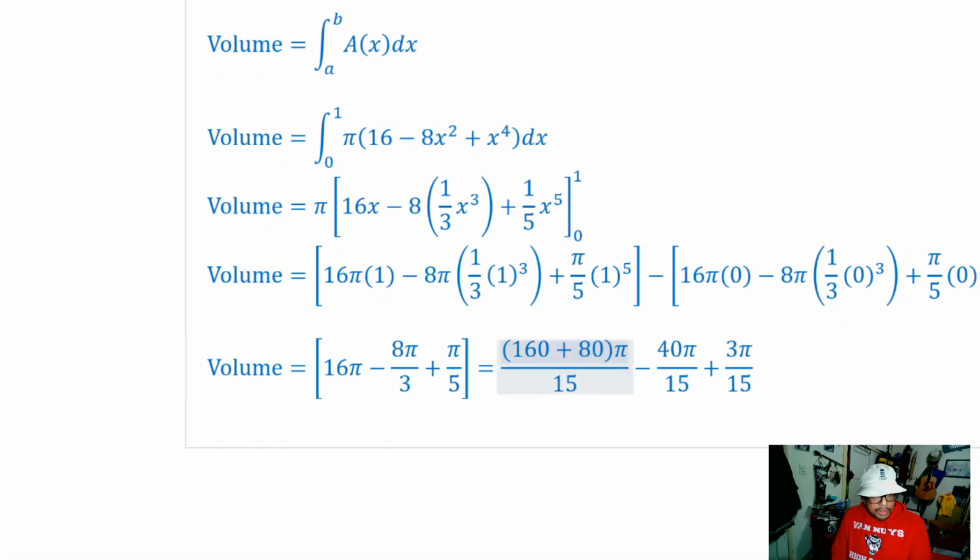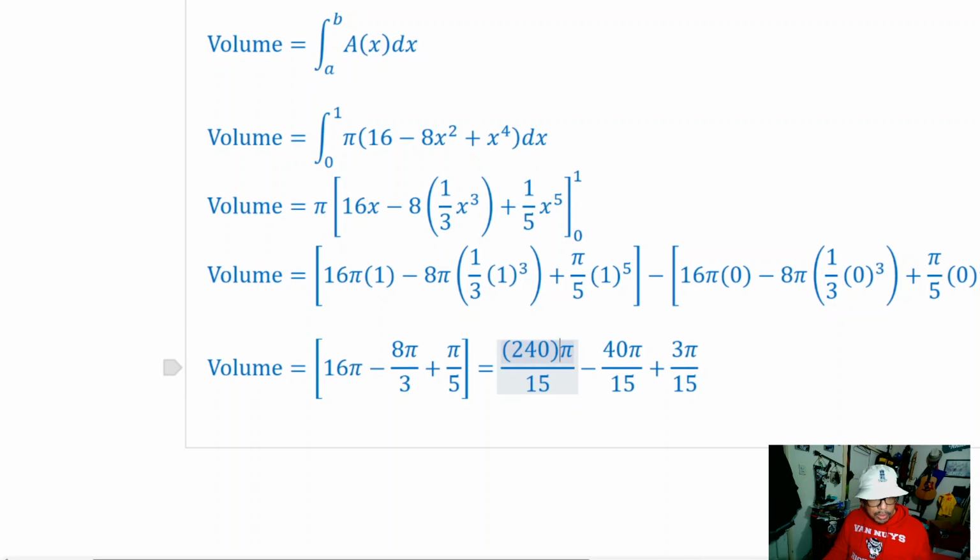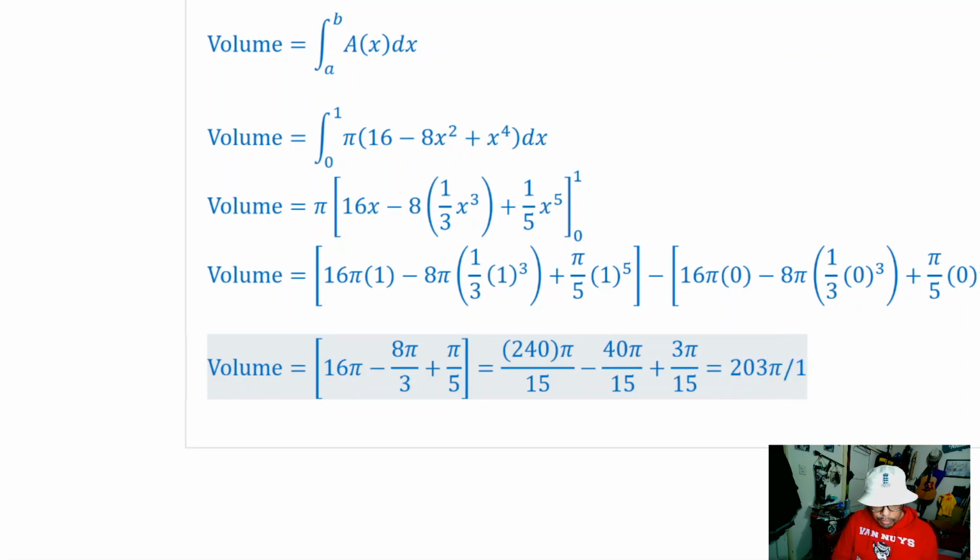And let's see, 80 plus 160 is 240. So 240 minus 40 is 200. 200 plus 3 is 203. That's 203 pi, the whole thing over 15. Great.